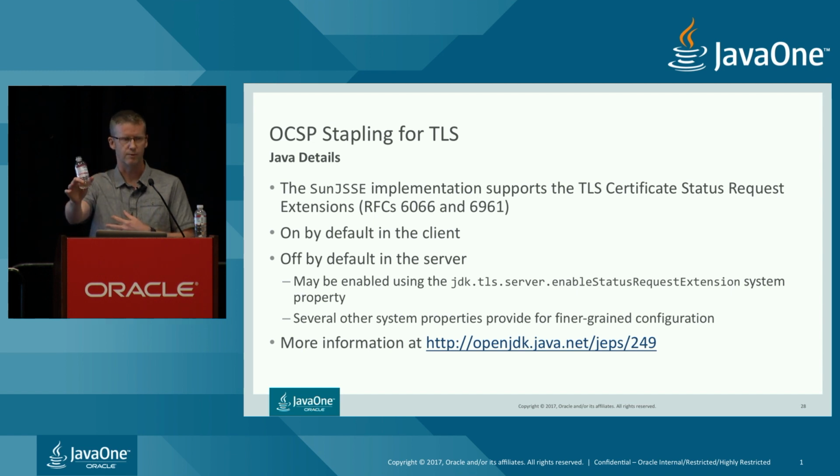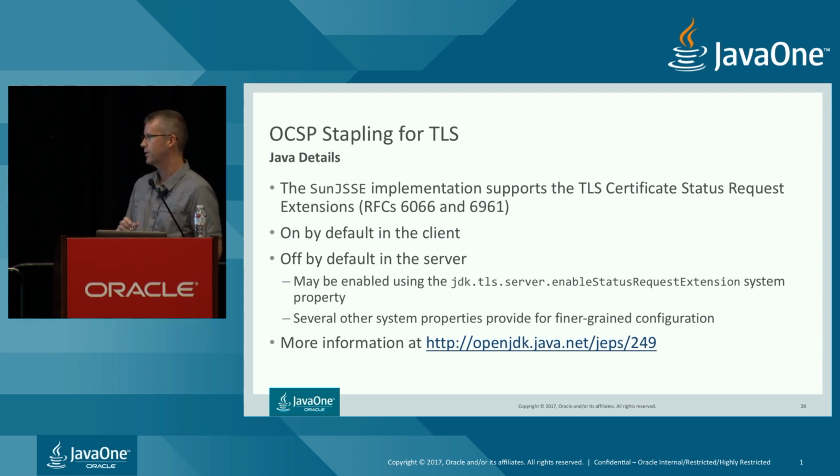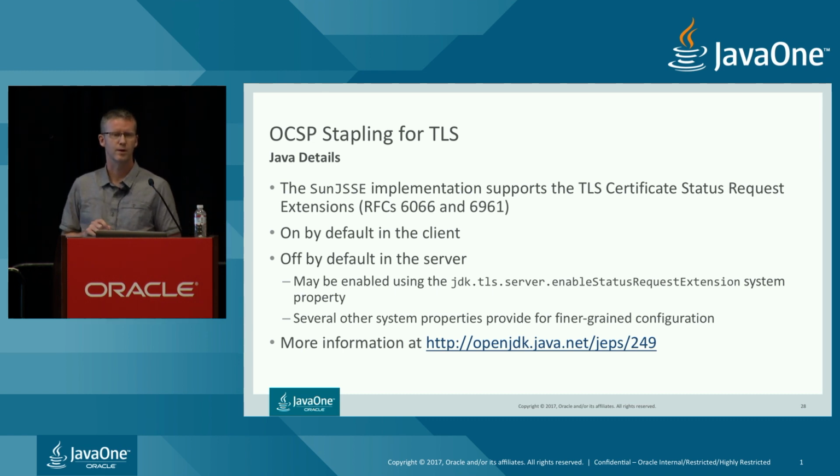You're making an outbound request to an OCSP responder. That's something the administrator should have control over. But it can be easily enabled. You just set this system property to true. And then there's a few other system properties that you may want to configure for finer configuration. And then more information is at JEP 249.